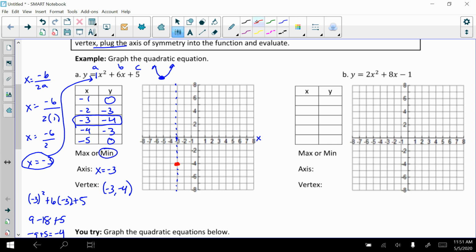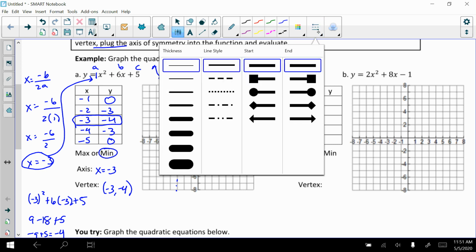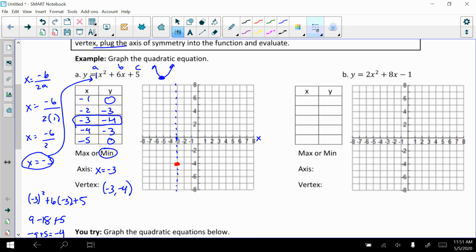All right, so let's go ahead and graph these points, and that'll be about it for graphing this thing. I've already got my vertex plotted right here, so let's plot -2, -3. I go back 2, down 3. There's my point. -1, 0 means I go back 1, and then I don't go up. So there's my point.